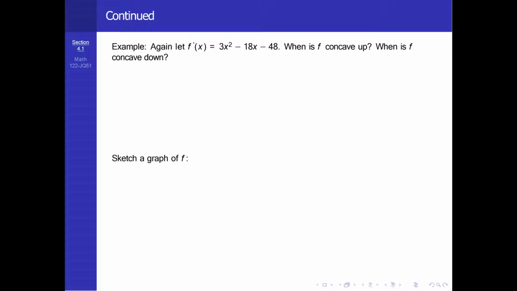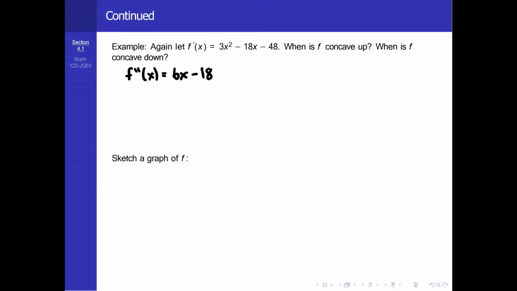Okay, next example, now relating the second derivative to the concavity of the function. Let's see if we can determine when f is concave up by looking at the second derivative. So we have the first derivative given to us, and the second derivative is going to be 6x minus 18.